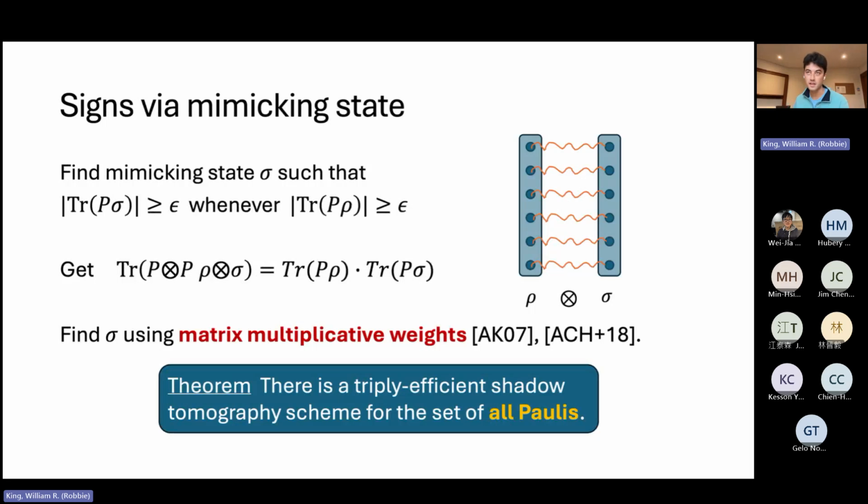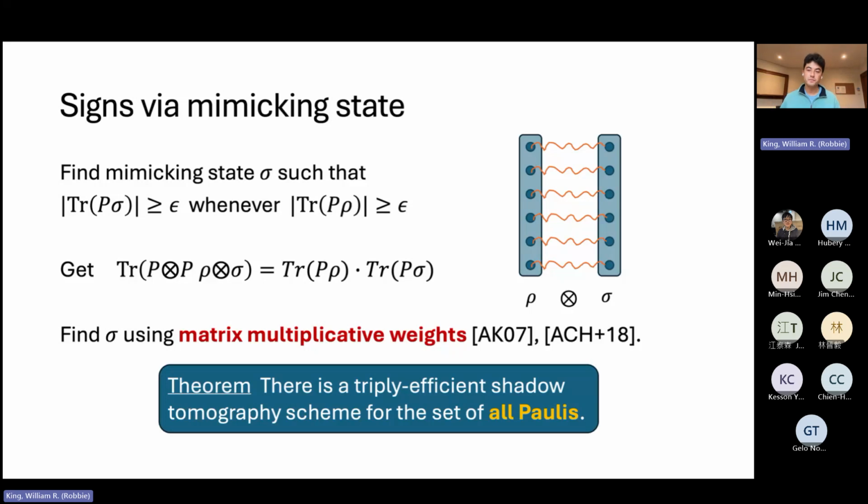Such a state must exist: maybe there's only one, so maybe we find rho, or maybe there are multiple options, but it must exist because rho satisfies this property. So we will find at least one state sigma that has this property.